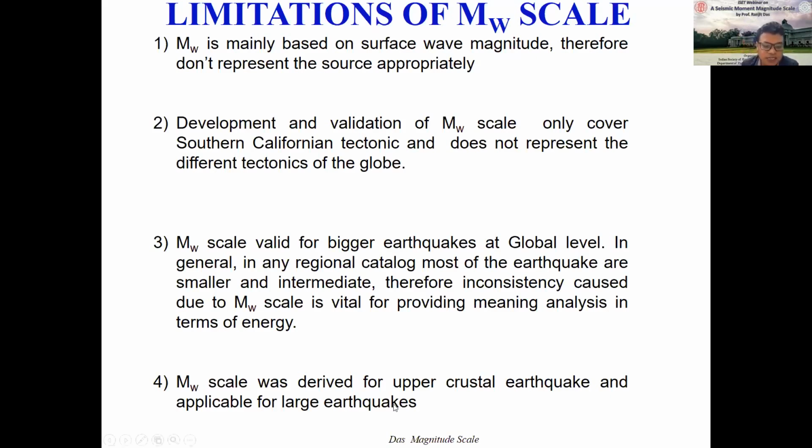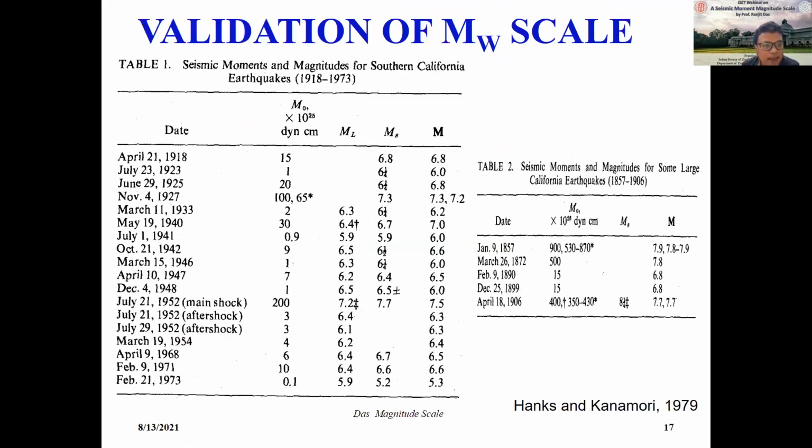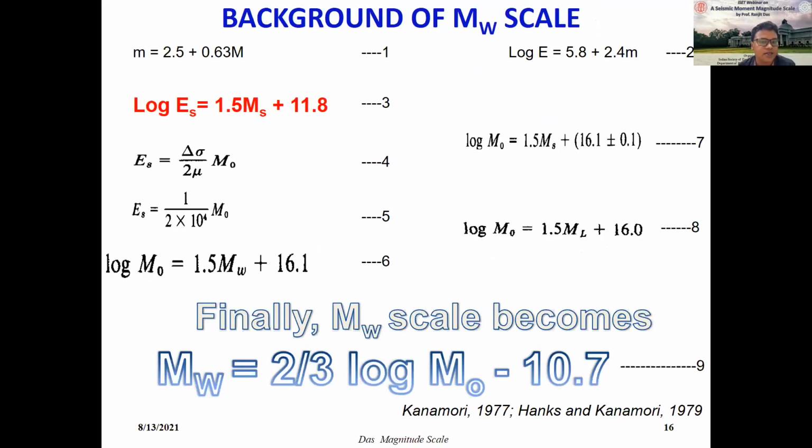The MW scale was derived for upper crustal earthquakes and is applicable for large earthquakes. Derived for upper crustal earthquakes means, if we go back, you will get this equation 4, the stress drop. The stress drop was considered for the upper crust, and the shear modulus is also considered for the upper crust.